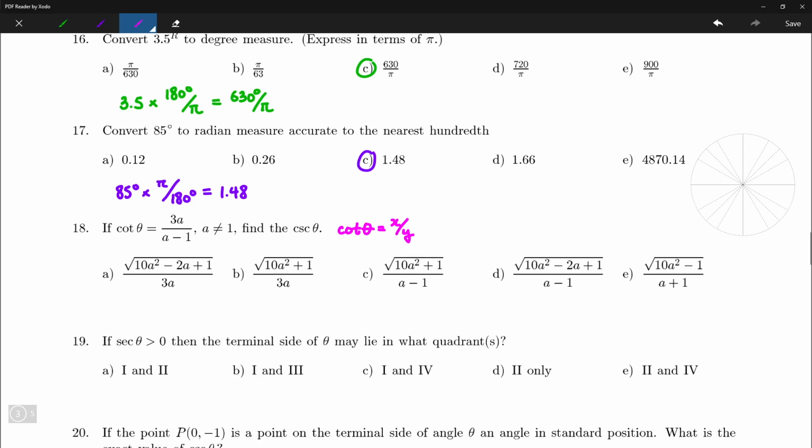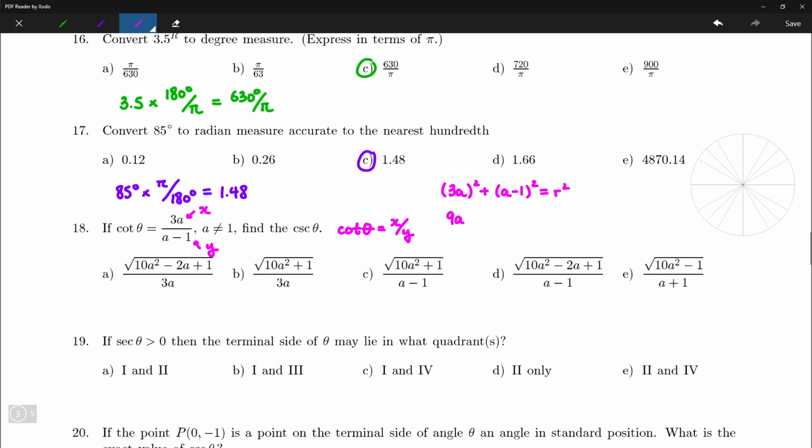So we have an x value of 3a and a y value of a minus 1. So with these two, we can find the r value, which we will need for cosecant theta. So we have 3a all squared plus a minus 1 all squared is equal to r squared.